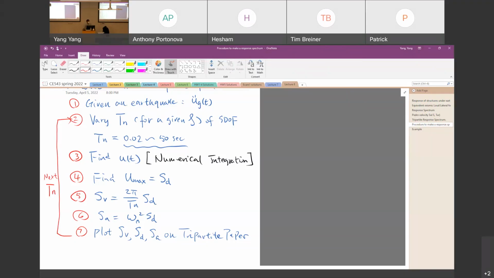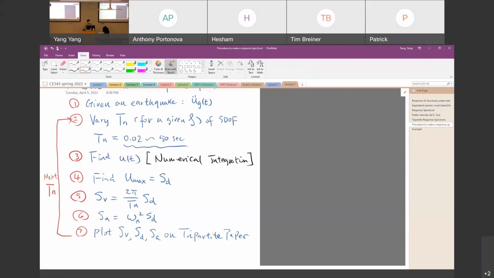If we would like to have a more precise response spectrum, we would like to have as many as possible, but if we use a lot of Tn, we will have much more data and the calculation will take longer.